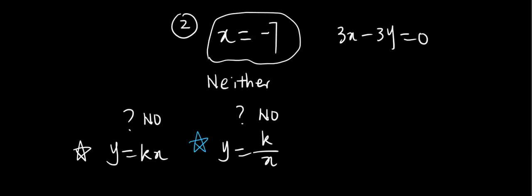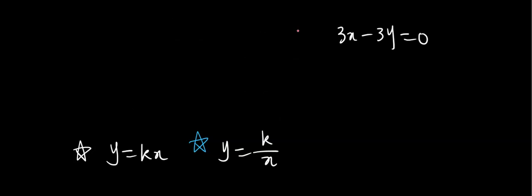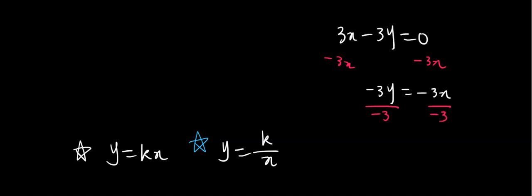All right, let us continue. Our last question here is 3x minus 3y equals 0. You can subtract 3x from each side, and we have -3y equals -3x. Let us divide each side by -3, and let's see what we have.